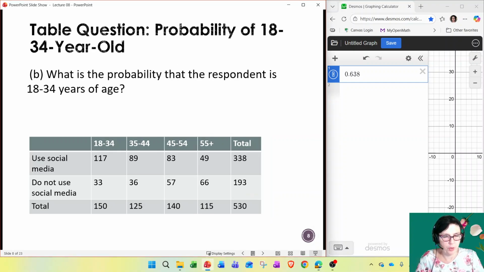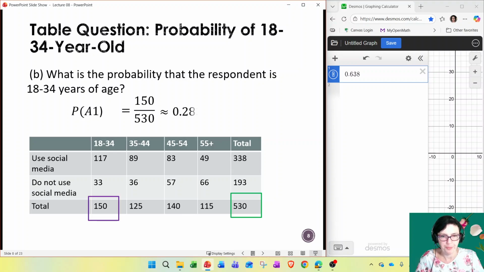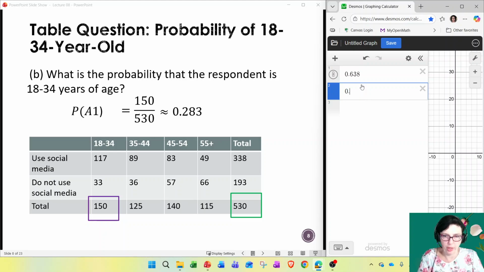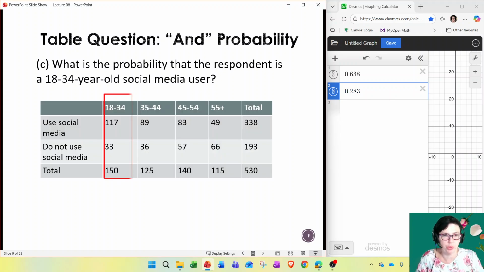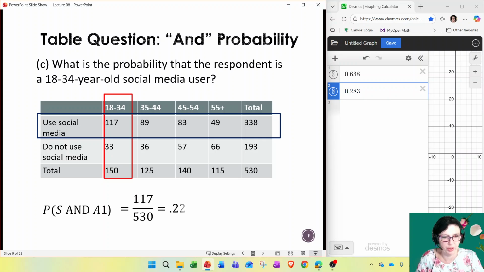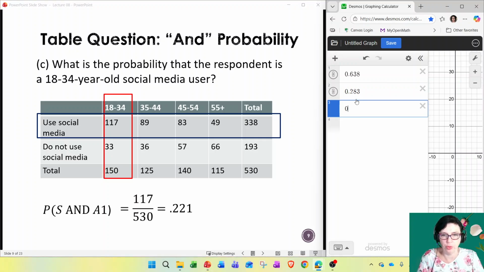The next one we found was that the respondent was young, 18 to 34 years old, and that was 0.283. Then on the next slide we found the probability that a respondent is an 18 to 34-year-old and also a social media user. We found that by looking at the overlap, and that was 0.221.